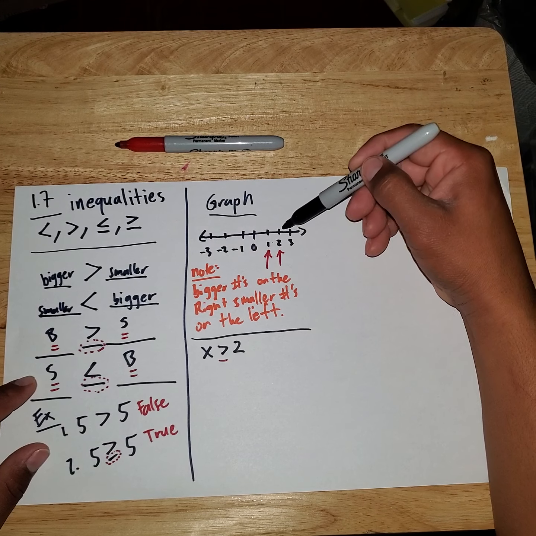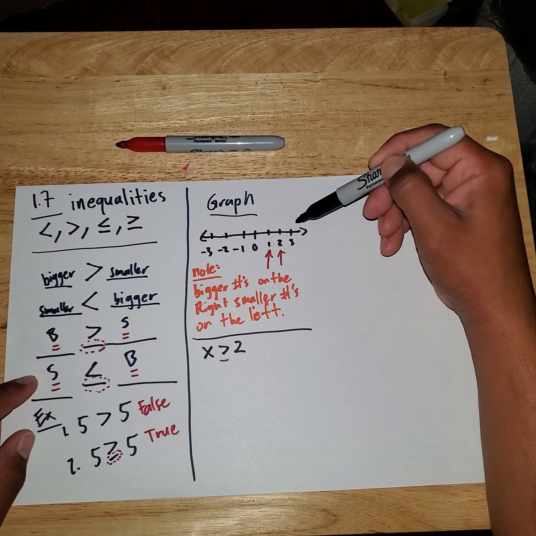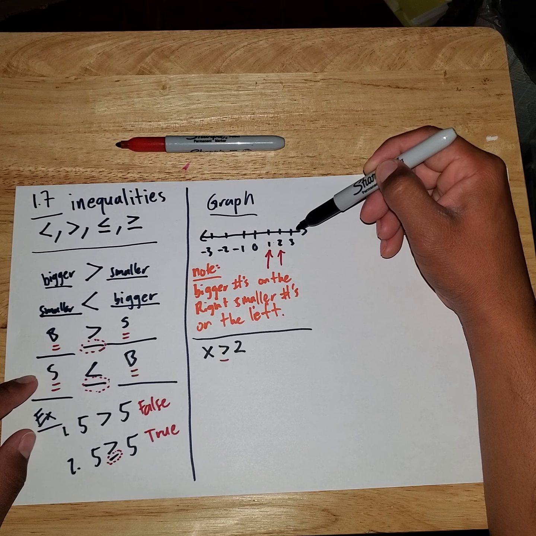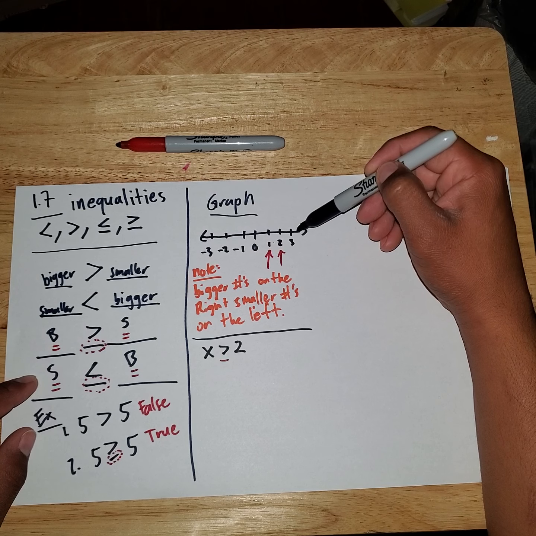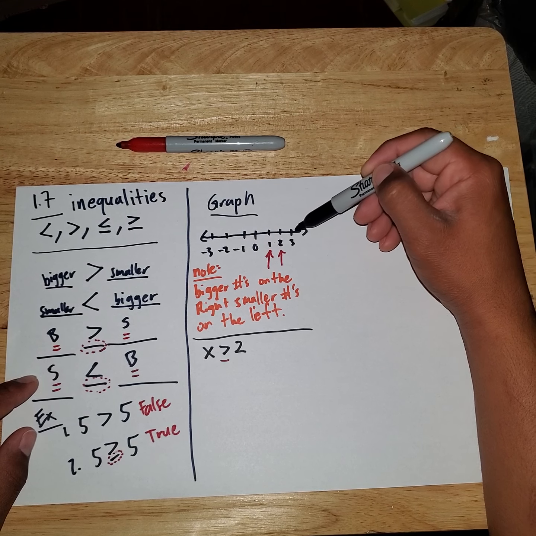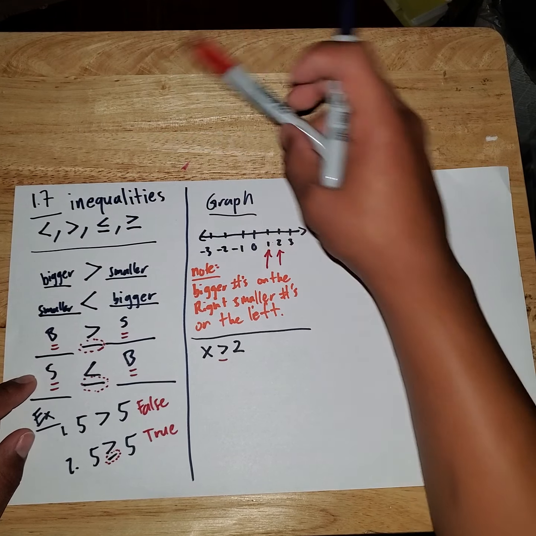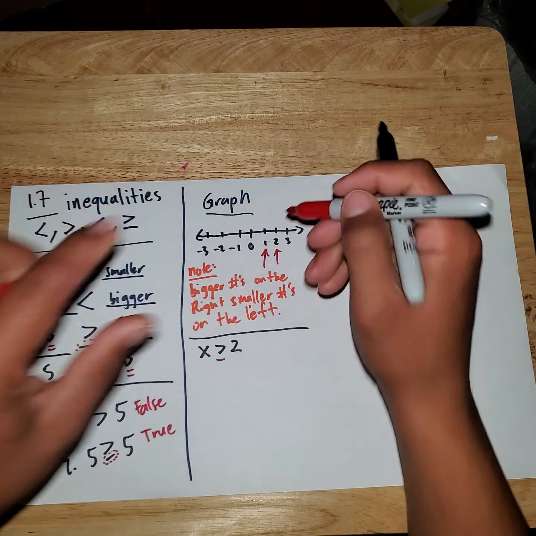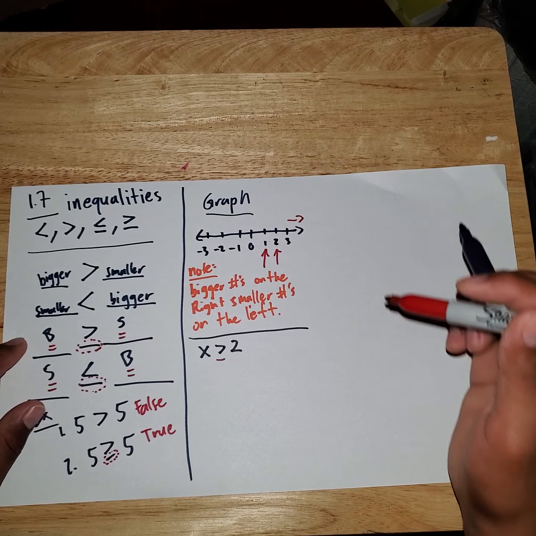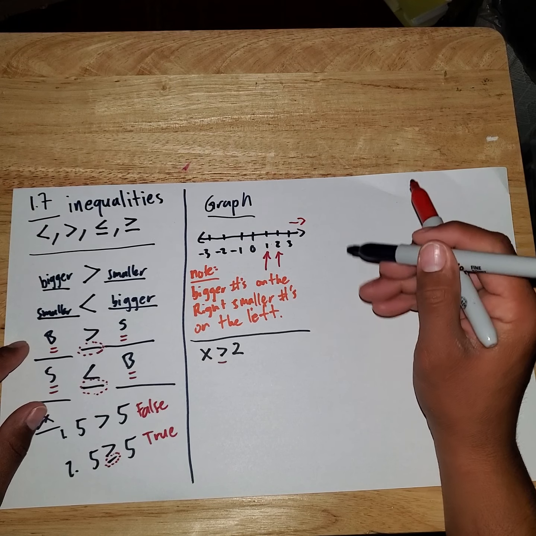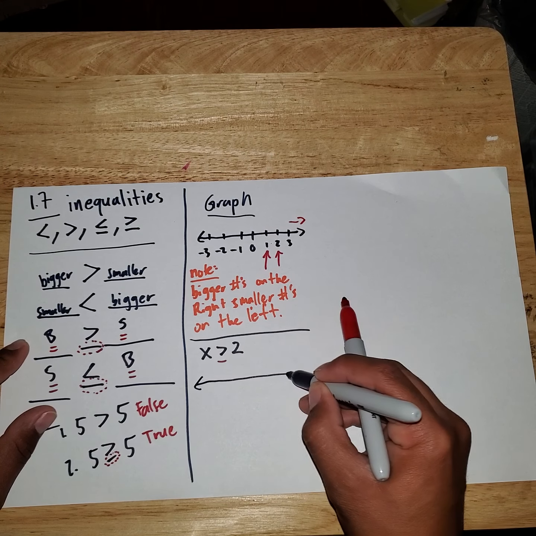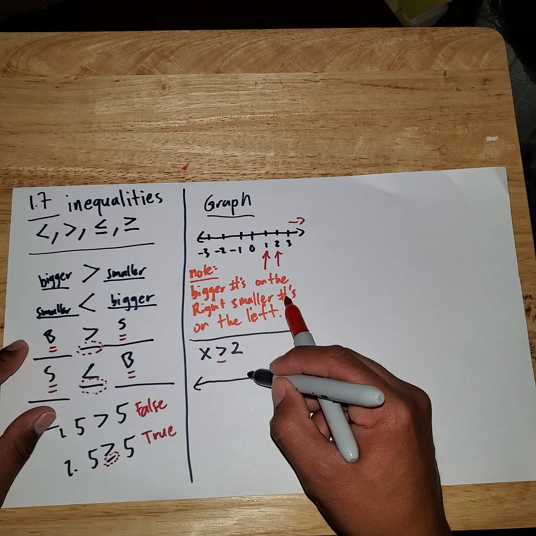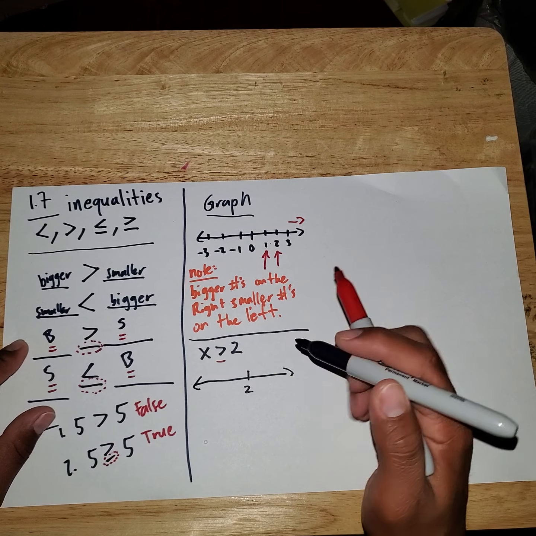So if we look at 2 over here, all the numbers that are bigger than 2 are 3, 4, 4.5, 2.5, 2 3/4, 3 1/4, 3 3/4. Like anything in this direction is bigger than 2. So when you make your graph, the only number we have to reference is 2.